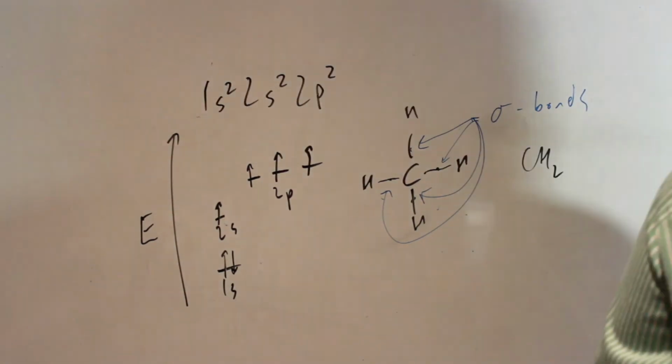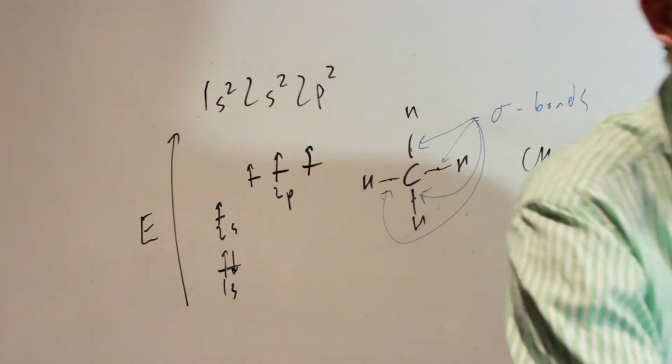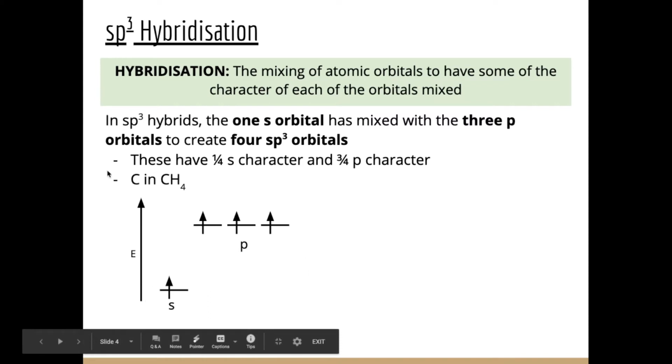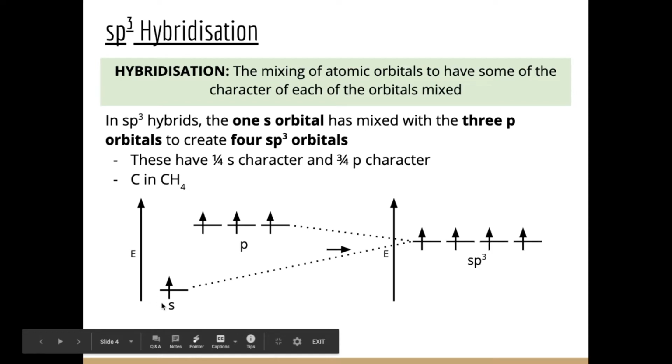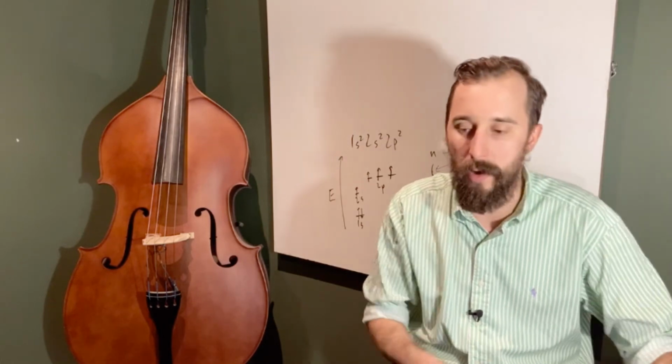So what actually happens is we have a hybridization that occurs where I have my valence electrons in a carbon atom in the excited state. What they do is they hybridize. Instead of having 1s and 3p orbitals, they hybridize into 4 sp3 orbitals. These orbitals are all of the same energy levels, and these are what make our 4 sigma bonds that are all equivalent. Let us show this with a model.